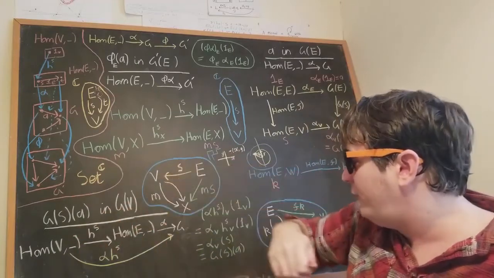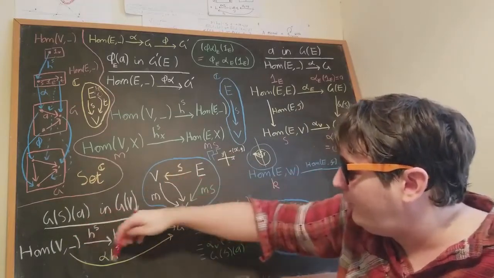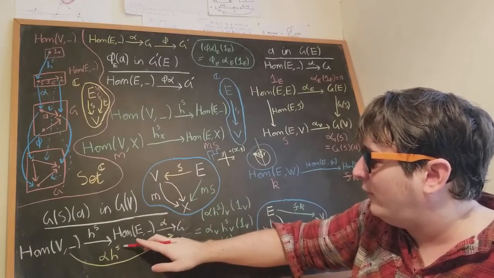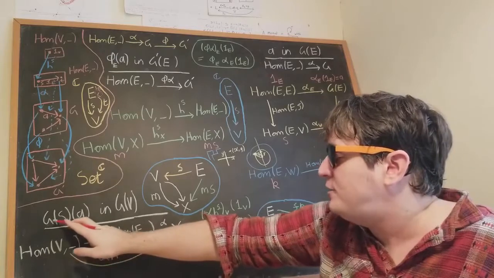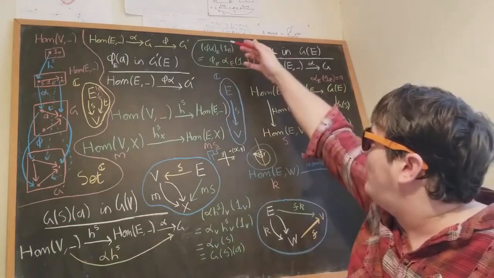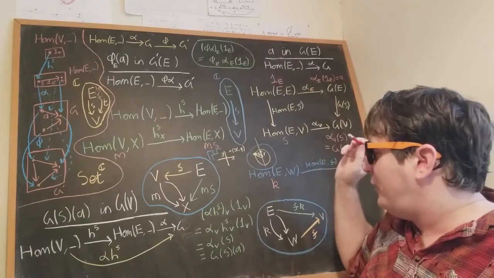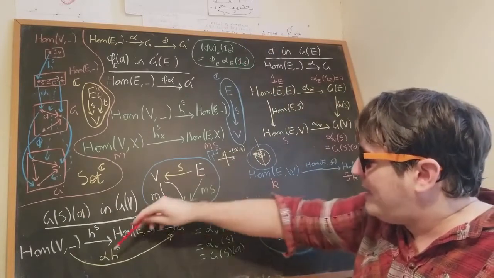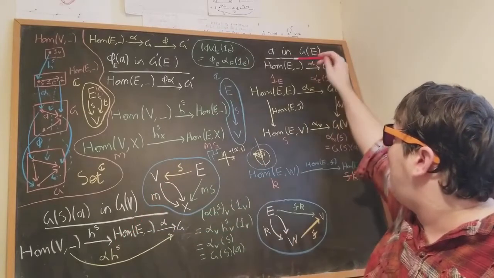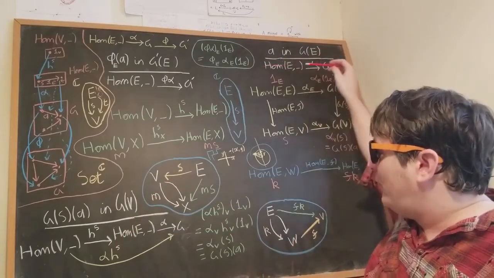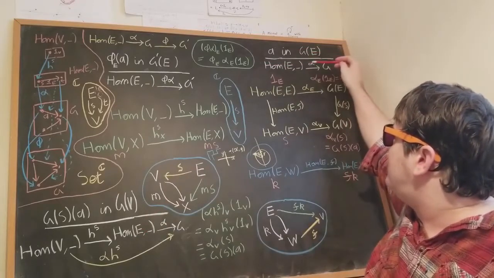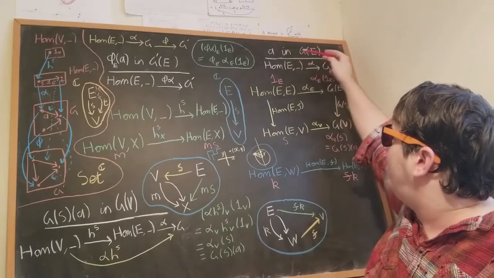So how can we see that this is true? How can we see that alpha after H to the power of S corresponds with G of S of A? Well, we just do a similar thing to what we did up here. We just say, let's take alpha after H to the power of S. So that's one of these arrows, and then we want to know which element this corresponds with.